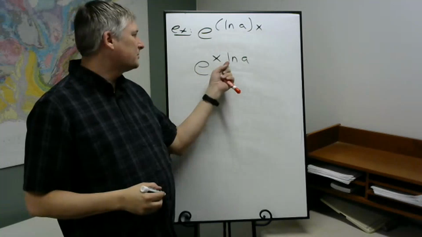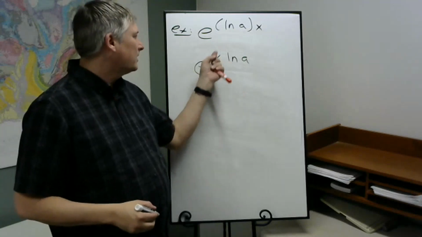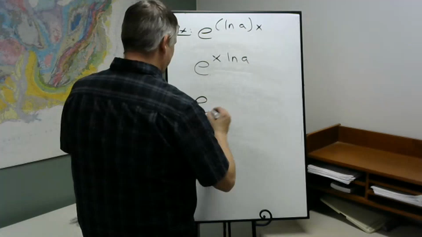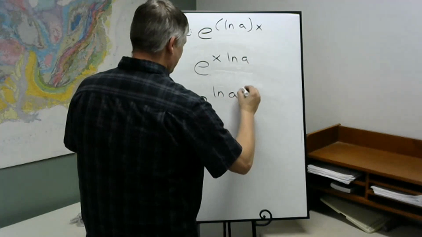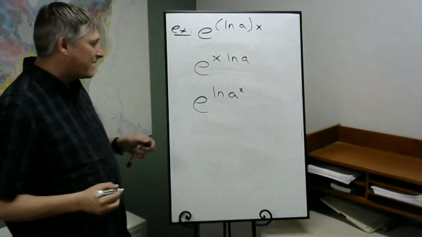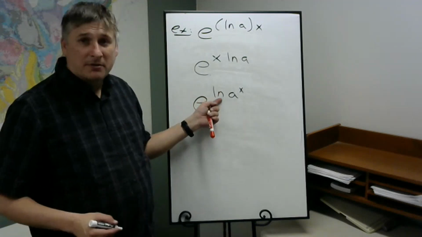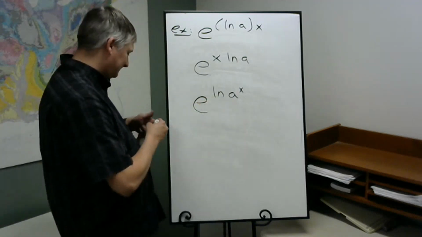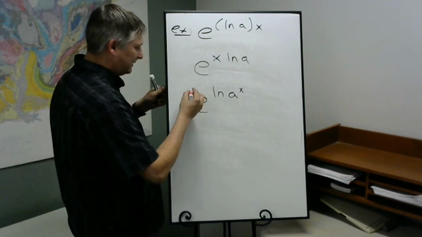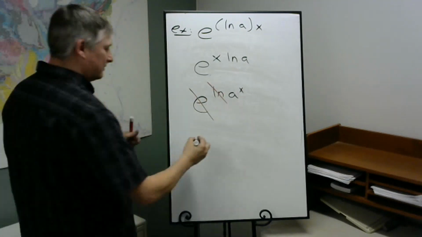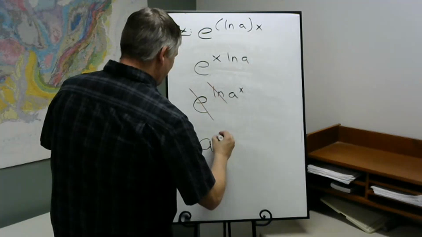And then we have something multiplied to our logarithm. It hops up here and becomes an exponent. And now we have an exponent base e with a logarithm base e. These are going to cancel. What we're left with is a to the x.